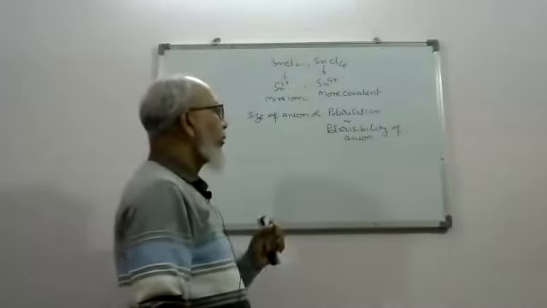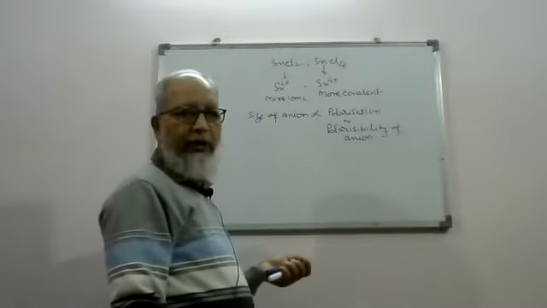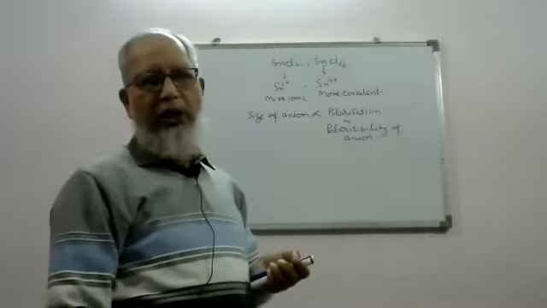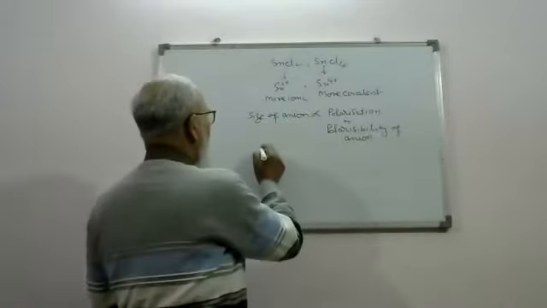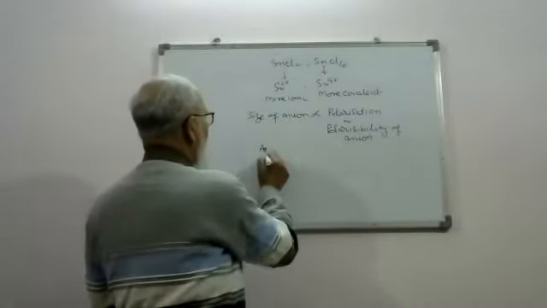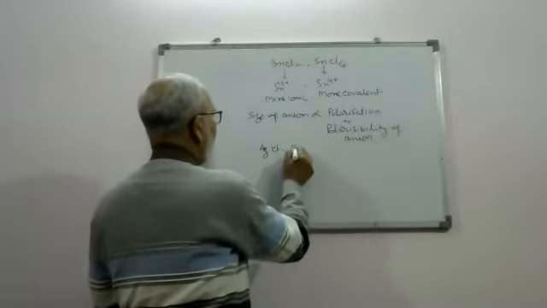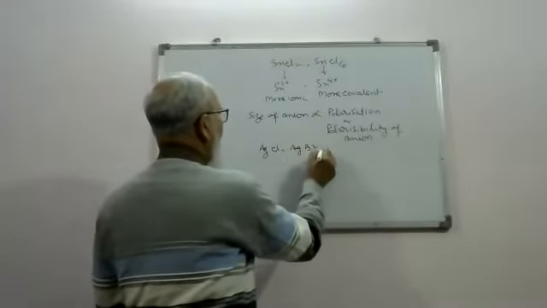And greater is the polarizability, more will be the covalent character, and the more the covalent character, the lesser will be the solubility in water. So suppose it is AgCl, AgBr, and AgI.